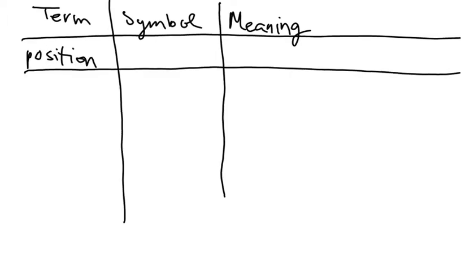In physics, we are going to use an X for position, and the basic meaning is where an object is, or where it is located.